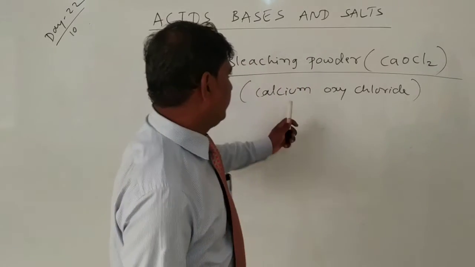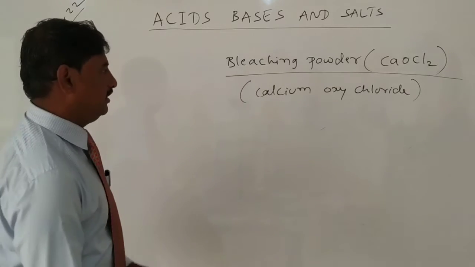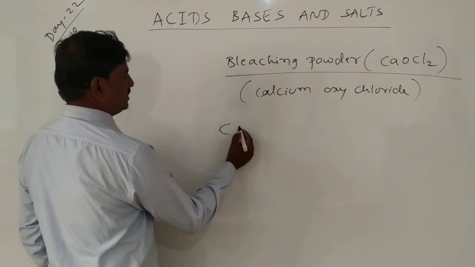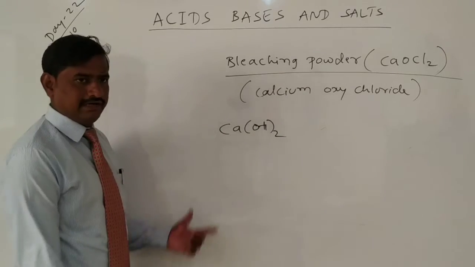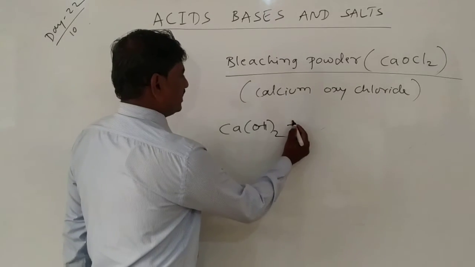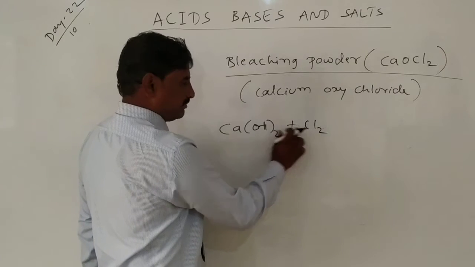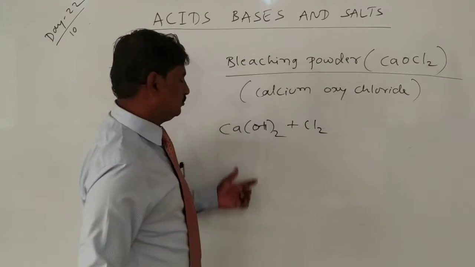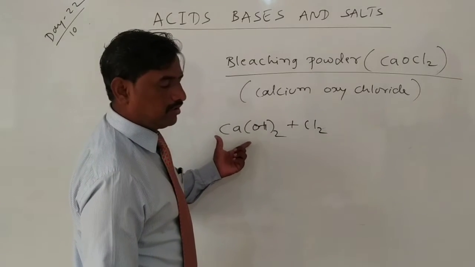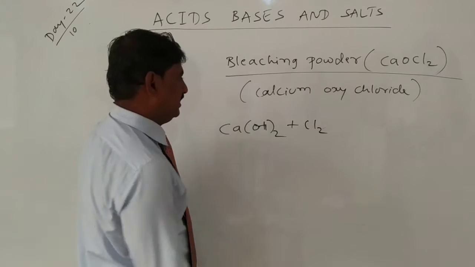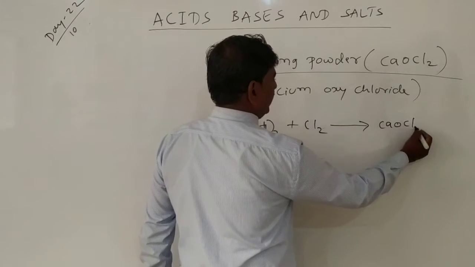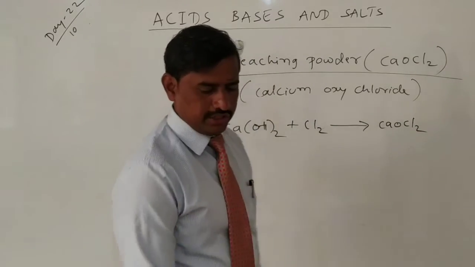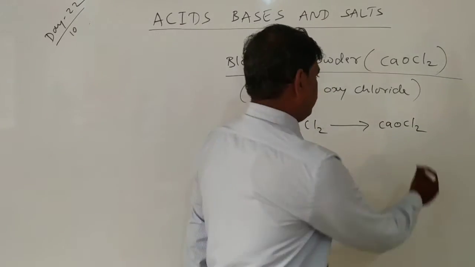Okay, how can we manufacture bleaching powder? Usually calcium hydroxide, that is dry slaked lime. When chlorine gas is passed through calcium hydroxide or dry slaked lime, there is a formation of calcium oxychloride, CaOCl2, plus there is a release of water.